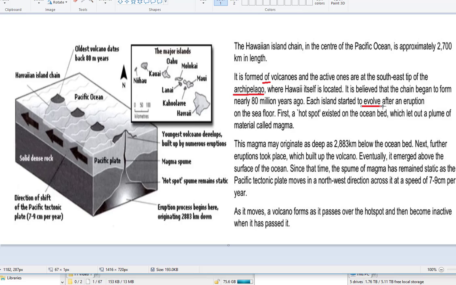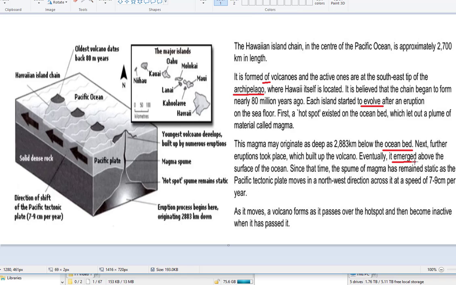Plume. The ocean bed, is that taken from here? No? Oh, okay, so ocean bed, that's a great phrase to use. Not many people would know that bed is the word to be used for the bottom of the ocean, so that's good. Emerged. Emerge is not taken from here.